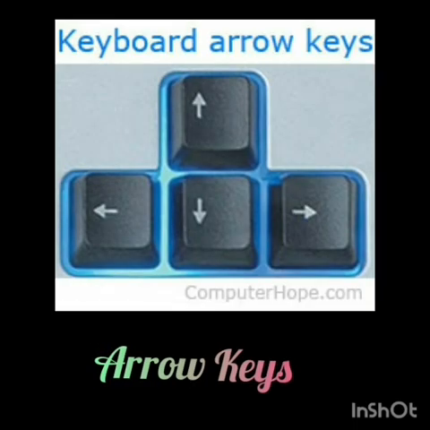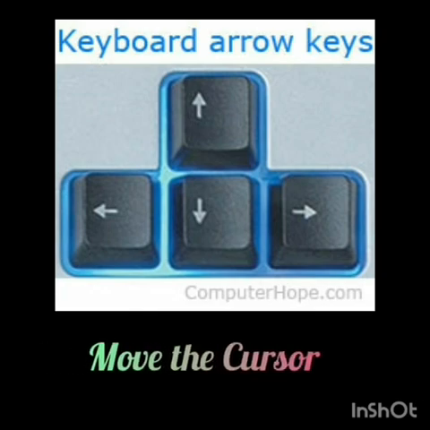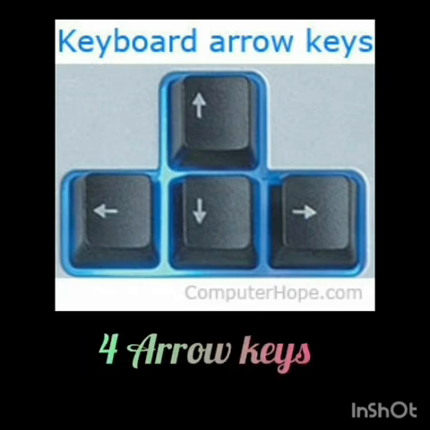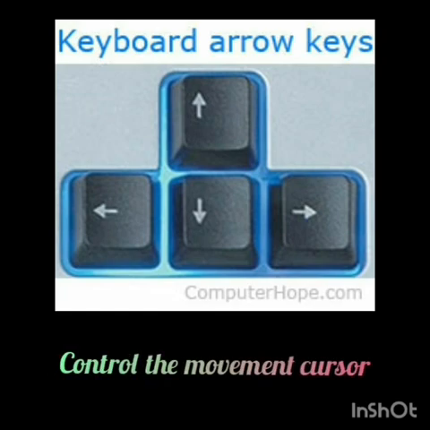Third, arrow keys. The arrow keys are used to move the cursor. There are 4 arrow keys: up, down, left, and right. The arrow keys control the movement of the cursor.